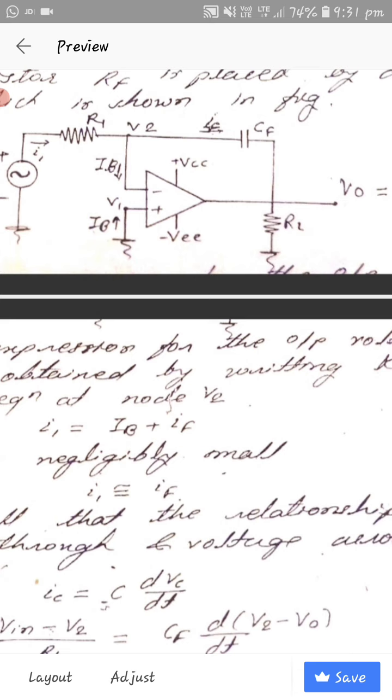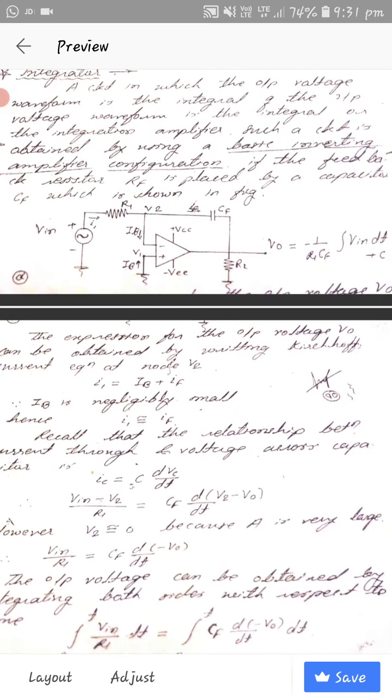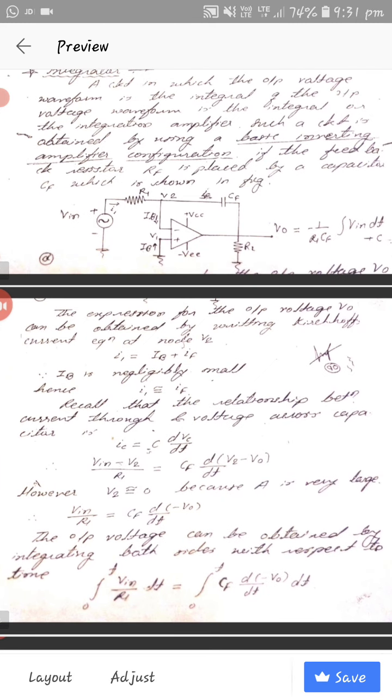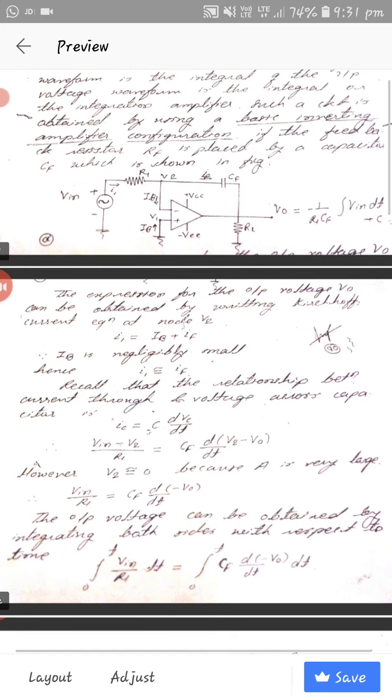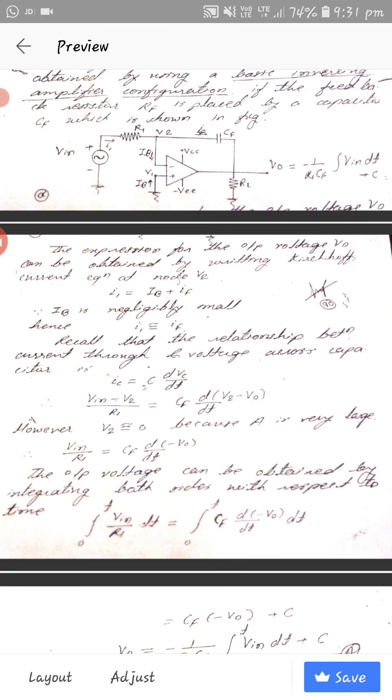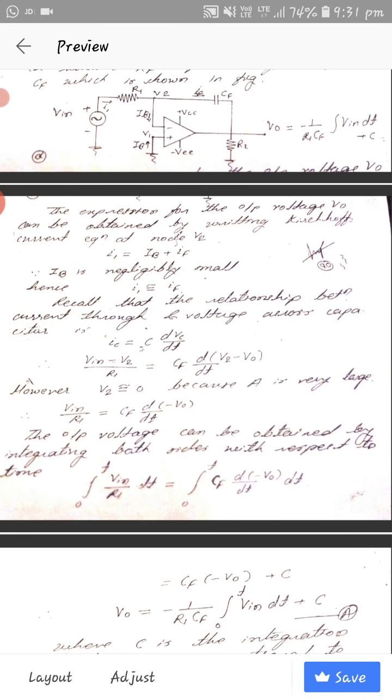Applying Kirchhoff's current law at node V2, the equation is I1 = IB + IF.